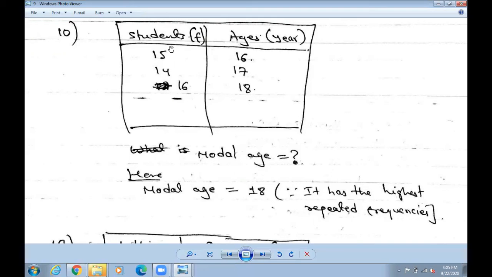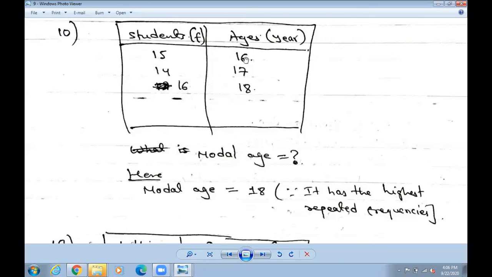Why is this the frequency? Because these are the students. How many students are there of 16 years? 15 students. I told you just before also, if there is the word how many, then that is the frequency. Actually, this should be at the back side and this must be in the front, but we have already written it, so leave it.